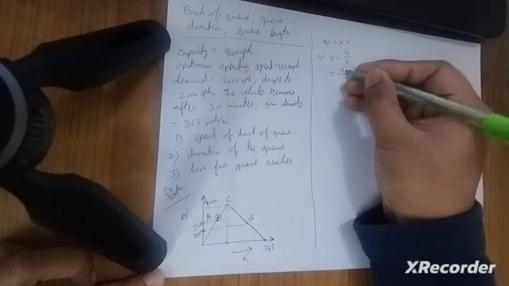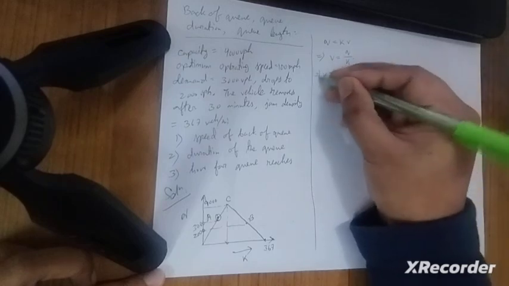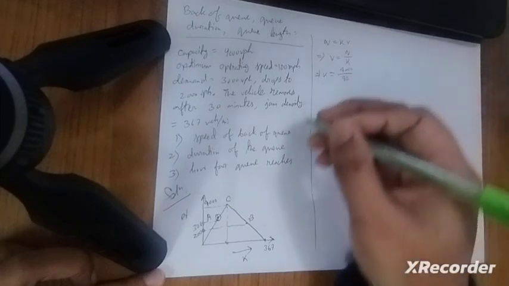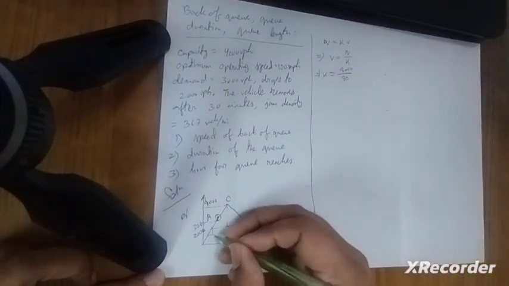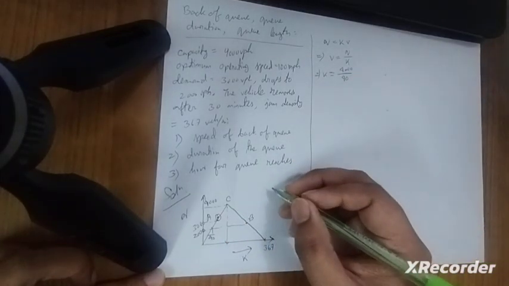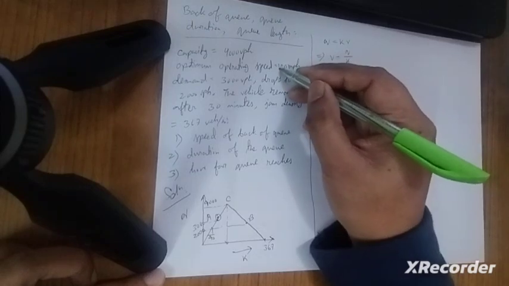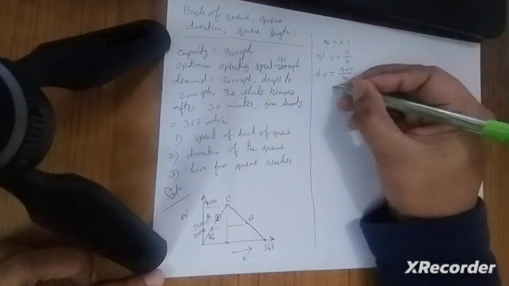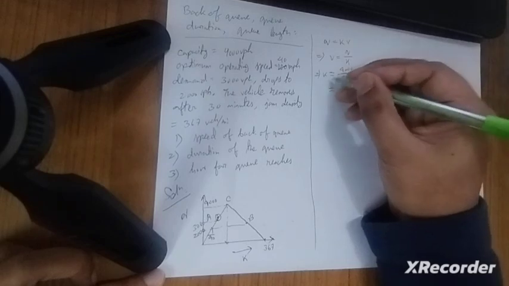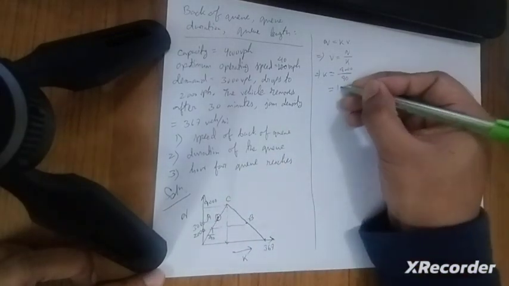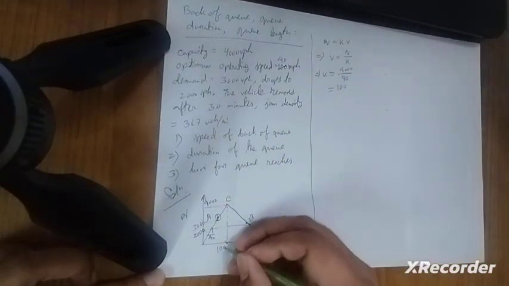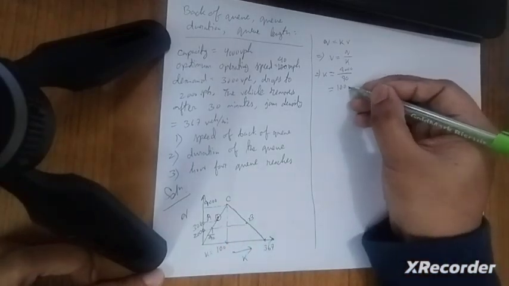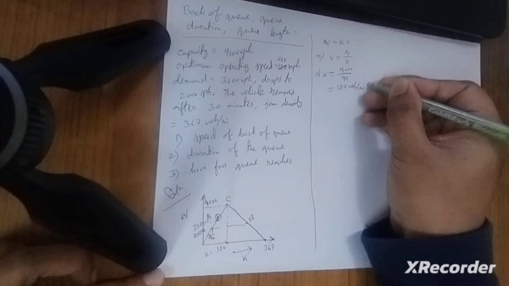Q is 4,000 and we do not know the K value. Our V is given as 40 miles per hour. Actually, the 40 miles per hour is given, so our optimum K corresponding to 4,000 will be 100. So K is 100 vehicles per mile.